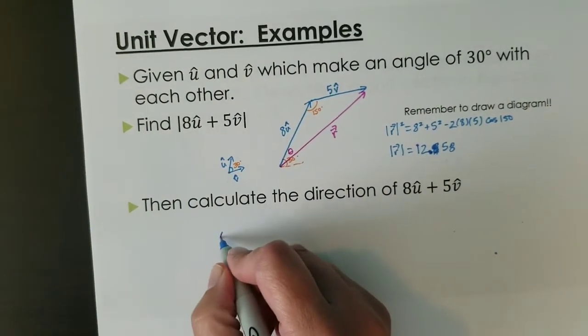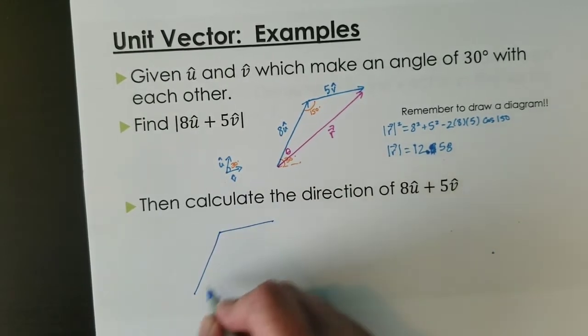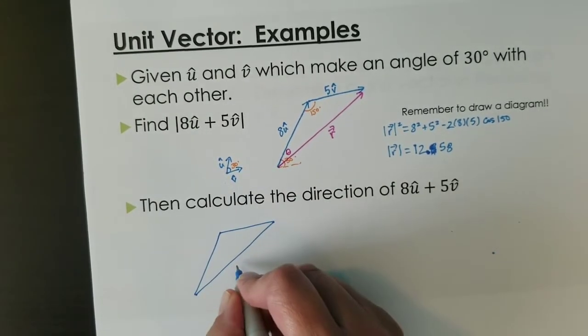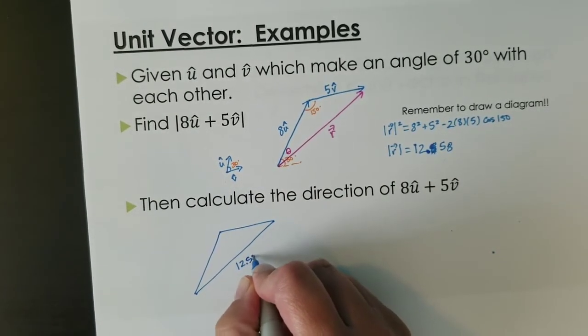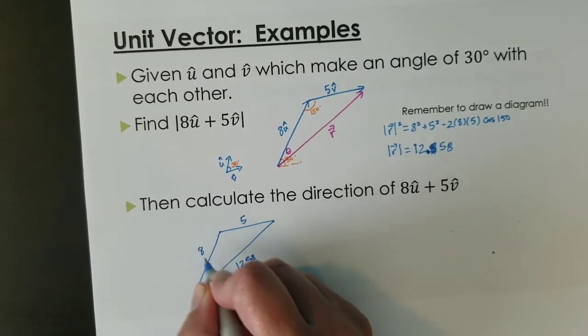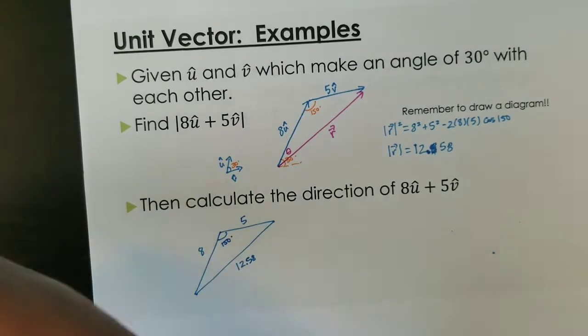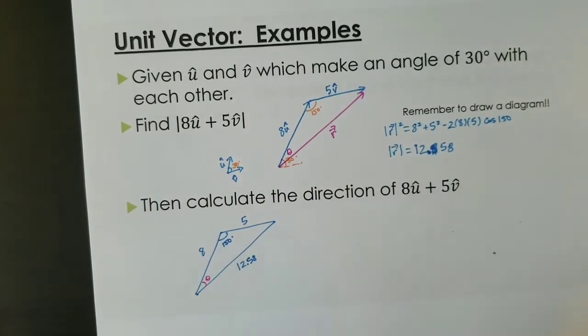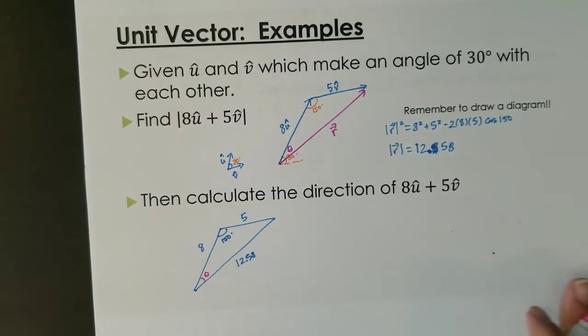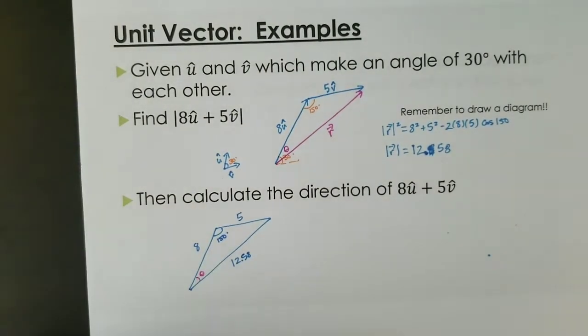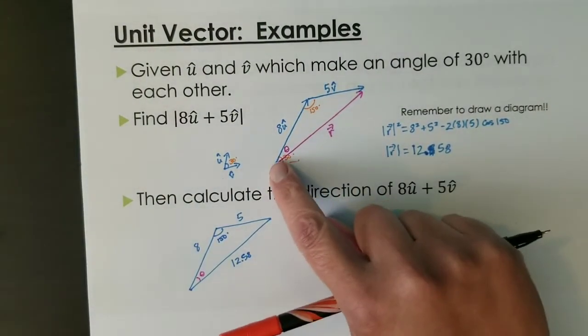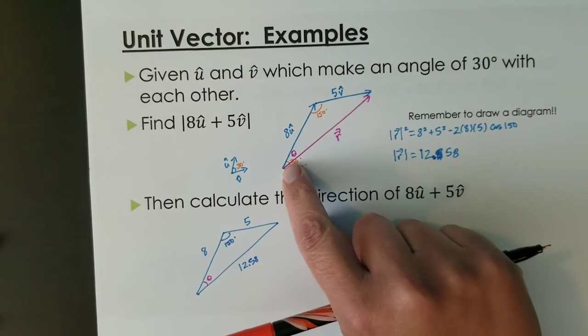The stuff we know: 12.58, that's a 5, that's an 8, that's 150, and my theta for the direction angle down at the bottom, because that's the place that u and the resultant will be tail to tail.